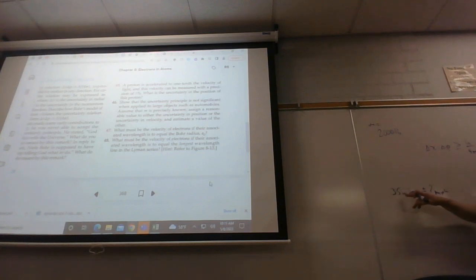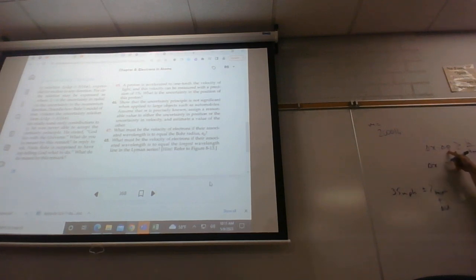So if we're driving at 35 miles per hour, plus or minus 2 miles per hour, this is going to be our delta u for velocity. The mass is going to be precisely known, and this is going to be delta X. We're just going to leave delta X open.